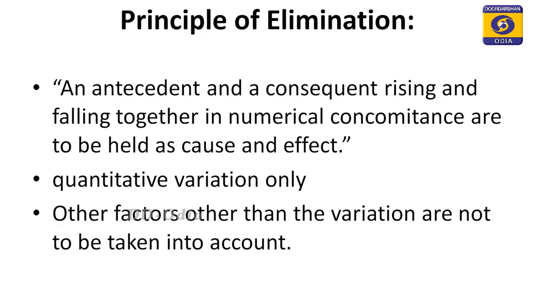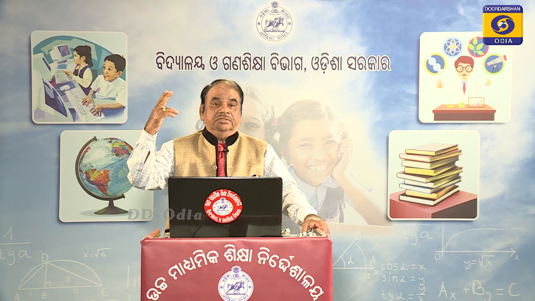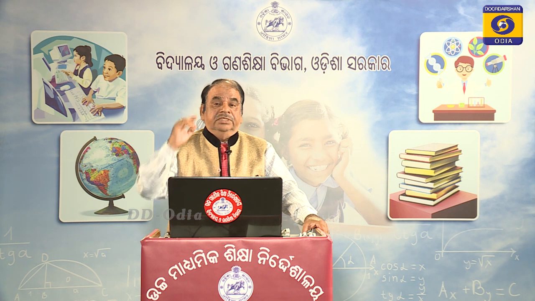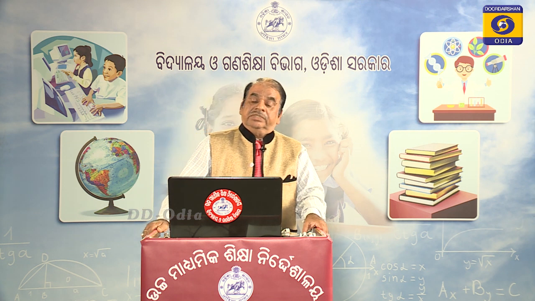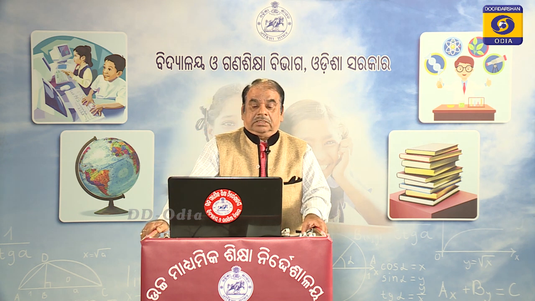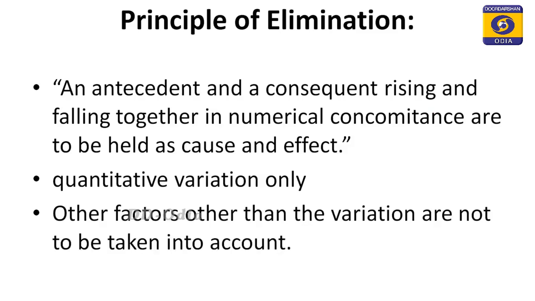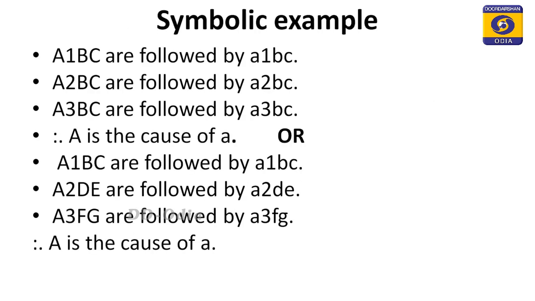So, here only quantitative variations are taken into account in the method of concomitant variation. Though it is called concomitant variation, variation can be qualitative or quantitative, but in this method only quantitative variation is taken into account and other factors other than variation are not taken into account by this method.